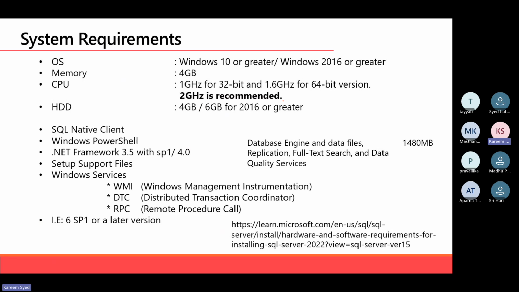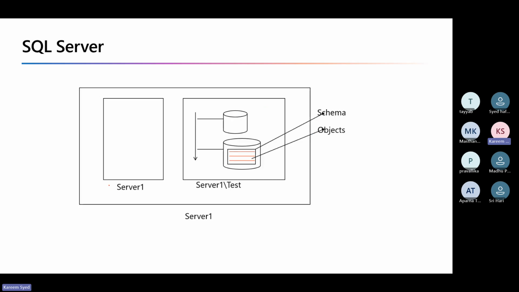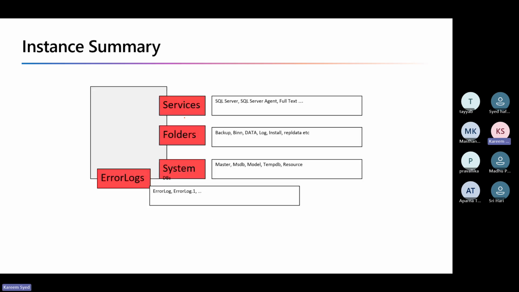Today we have seen the main concepts. SQL Server components we have seen: the database engine we are working with, and SSIS will also be installed in every server. Second, we have seen two types of instances, default and named instance. The default instance we work with regularly in real time. Then we have discussed that every instance has its own services, folders, system DBs, and error log.